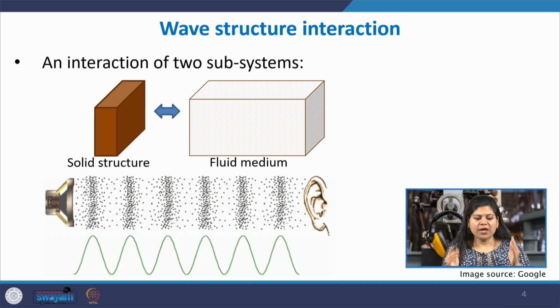Here we have a solid structure which can vibrate, create the wave and send it over as sound waves. The interaction could be two-way. Either the structure vibrates and generates the sound wave into the fluid medium, or the other way around: sound waves propagating through a fluid medium encounter a structure, interact with it and set the structure into motion or excite it.